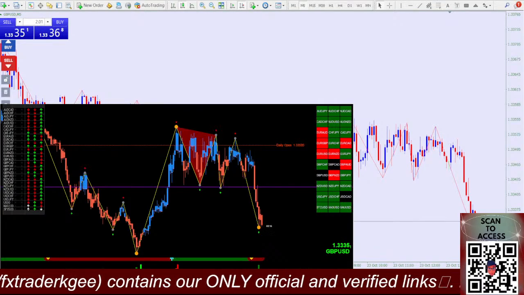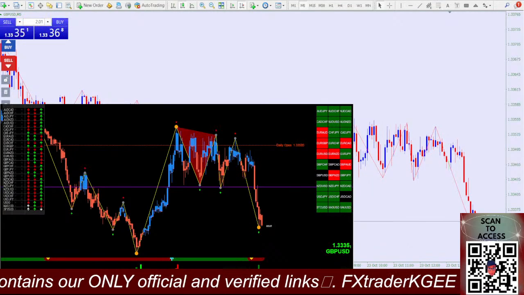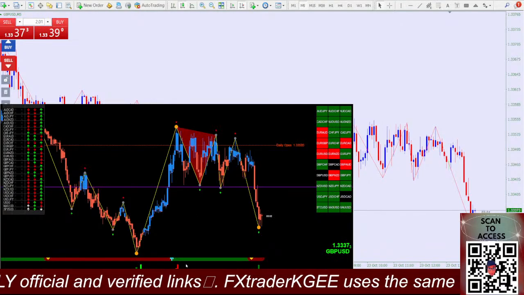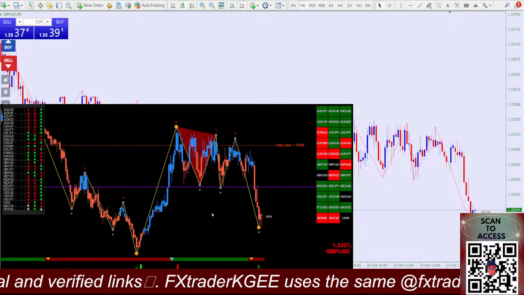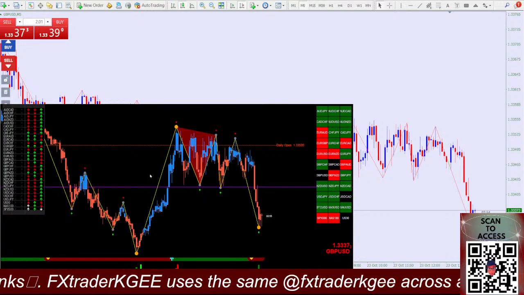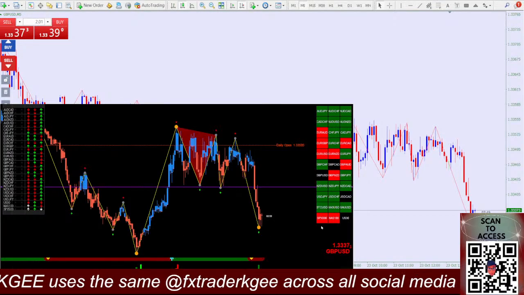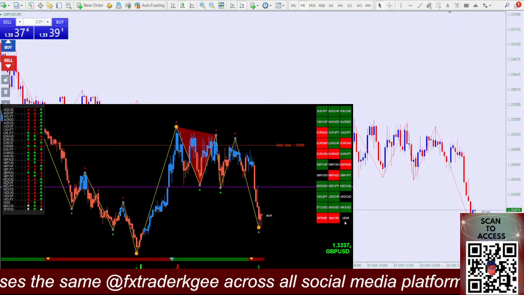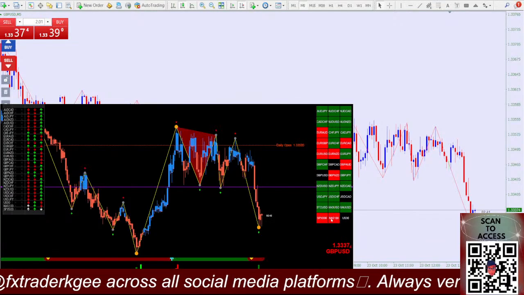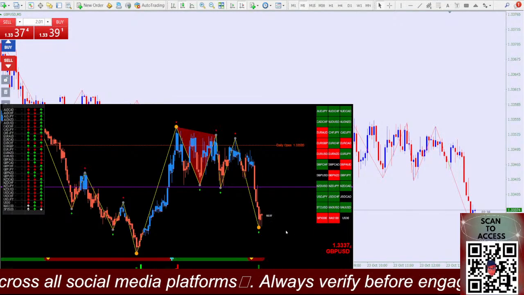Nasdaq, then SPX 500, that's Standard and Poor 500. Yes, we do have it. Now we have US 30, which is Dow Jones. We have Nasdaq, which is NAS 100, and we have S&P 500, that is Standard and Poor 500.